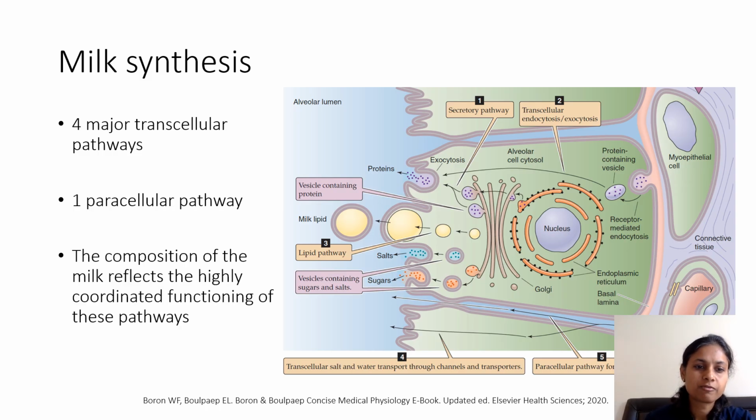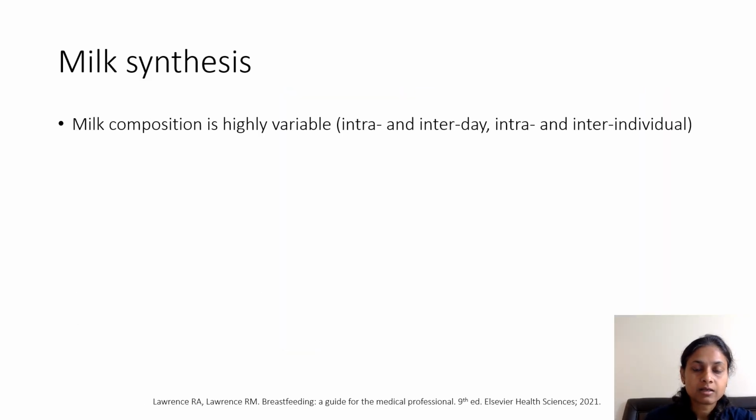The composition of the milk reflects the highly coordinated functioning of these pathways, and it is very variable. There is variability within the day or between days, between individuals, and within an individual at different time points.